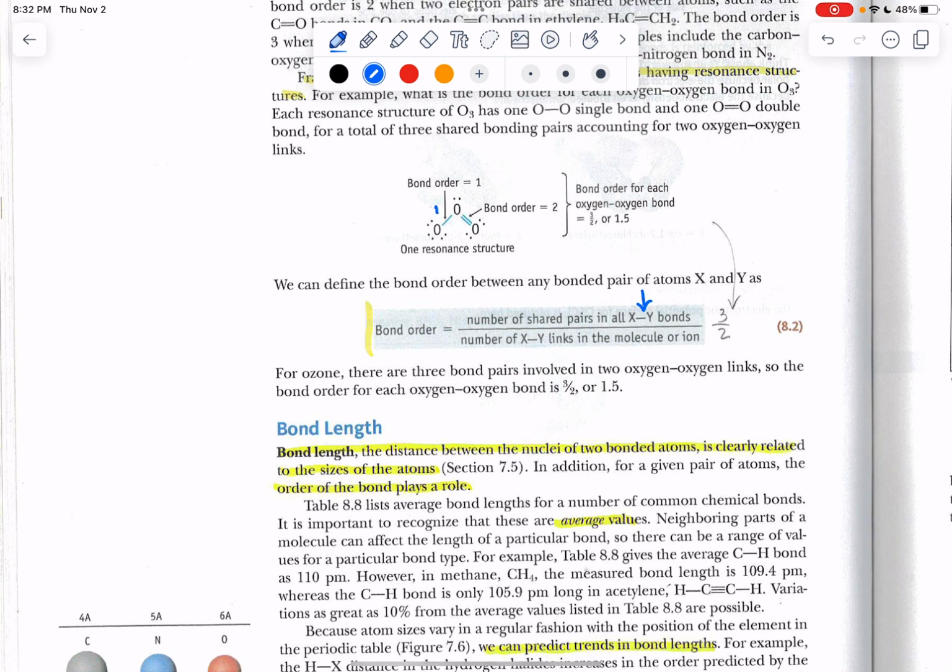There's one right there, one on the top and one on the bottom, for a total of 3 bonds the way it's drawn there. And then the number of X-Y links is you have a link between this oxygen and this oxygen, and you have a second link between this oxygen and that oxygen. So you have 2 links. And that's another way of coming up with a bond order when it's going to be fractional.